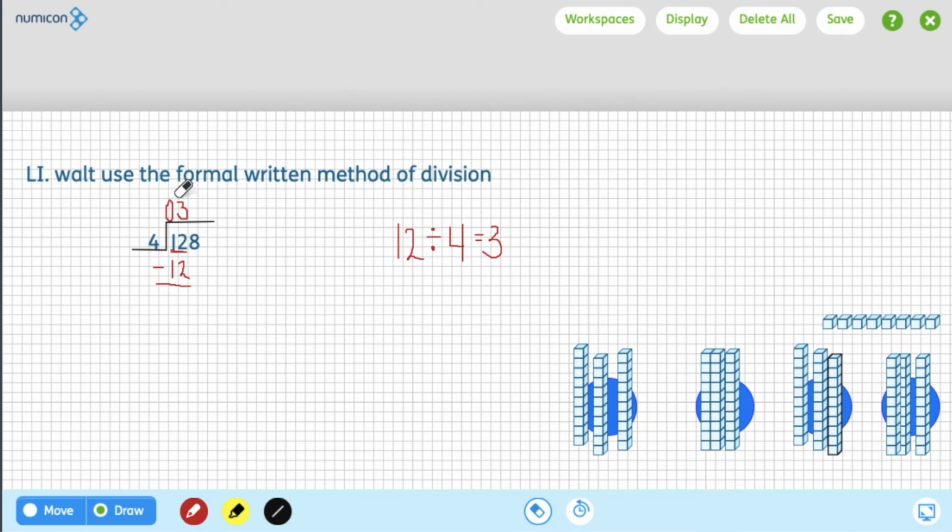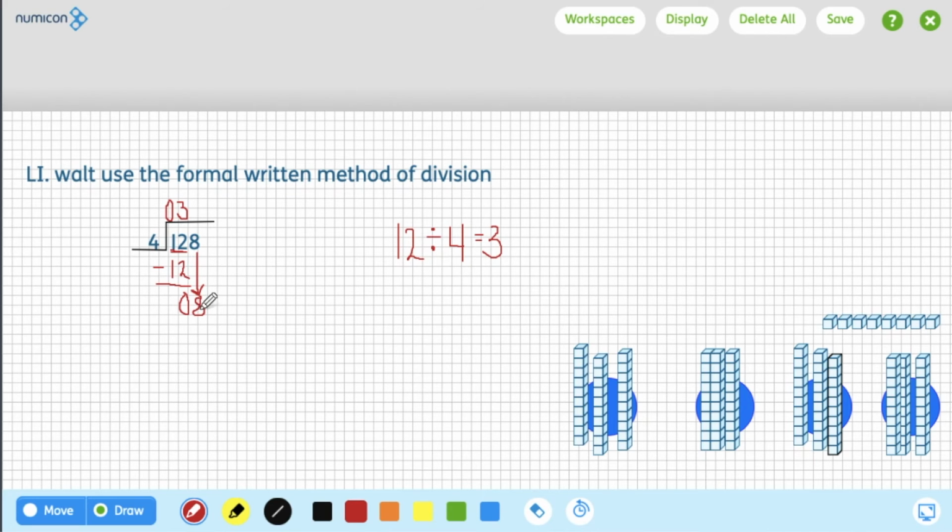So 4 times 3 tens is 12 tens. So I show my 12 tens there. 12 minus 12 is 0, so I don't have any tens left. All I'm left with is units. So what I'm going to do is I'm just going to drag my units down here to say I need to look at how many 4s go into 8 now.